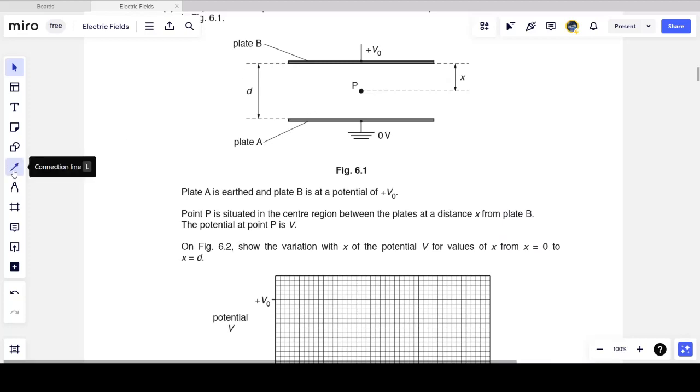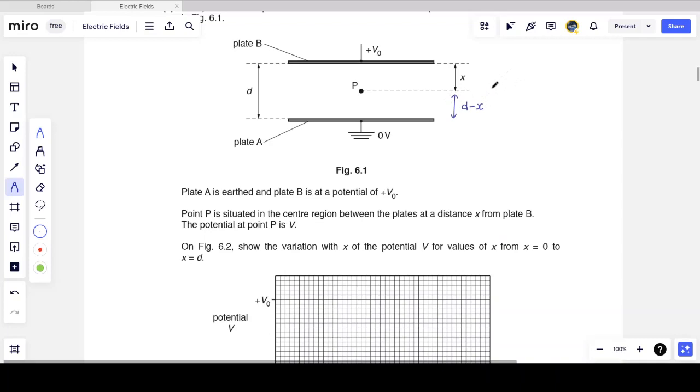What I'm just going to do is complete this diagram. The distance from the top plate to the bottom plate, if I were to move the plate that's charged V0 towards the 0 volt plate, would be d minus x.